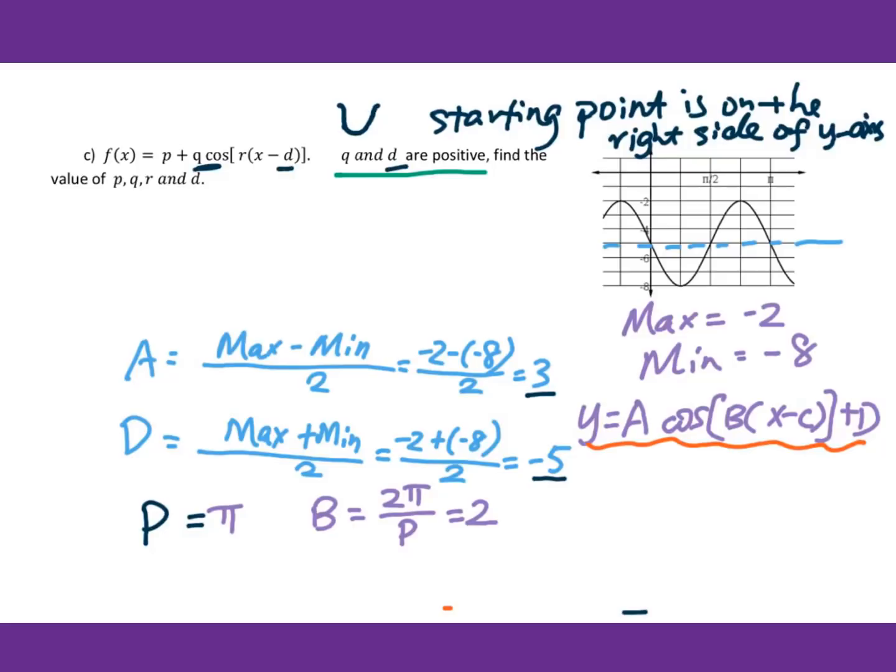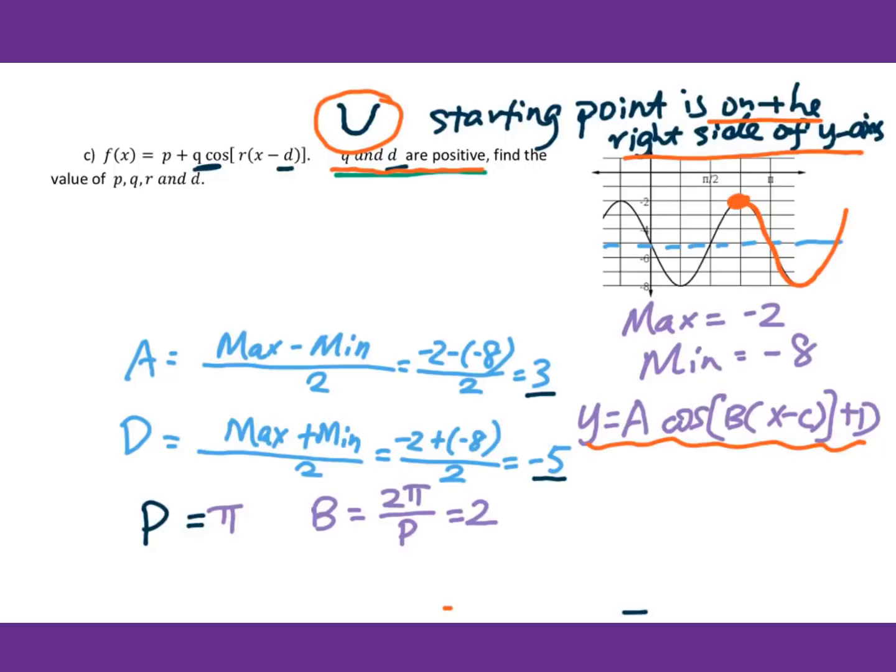Now let's go to C. Since Q and D are positive, we know the C is on the right side of y-axis. Pattern is a positive cosine pattern. Therefore, you can sketch the graph from here like this one. This is our starting point.